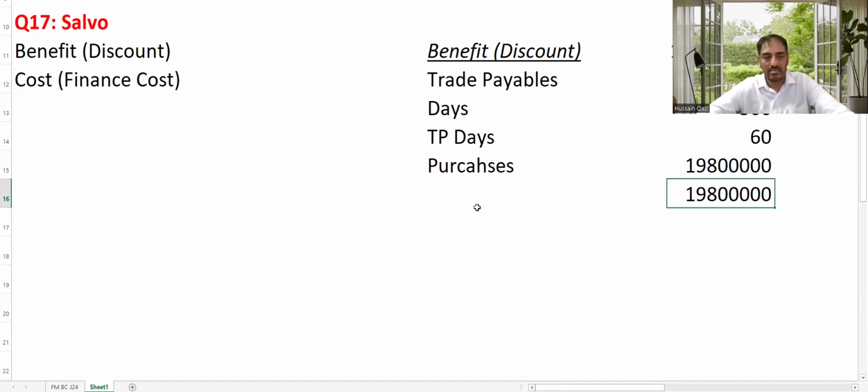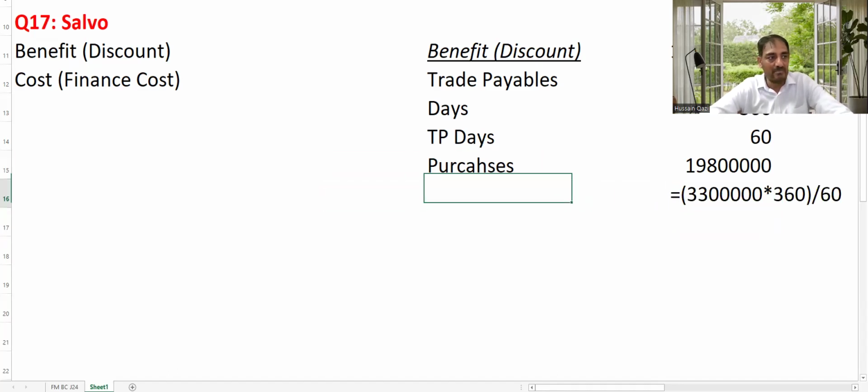You can directly calculate it on the calculator. That's simple: $19,800,000. That is the purchases.